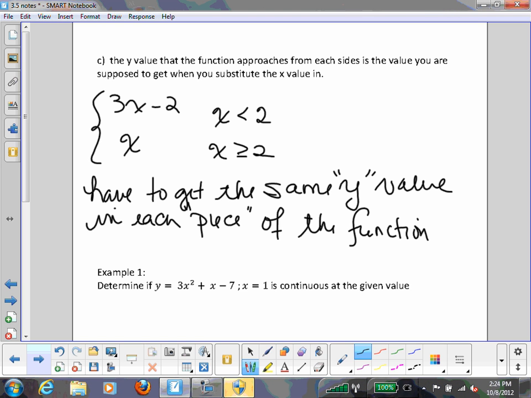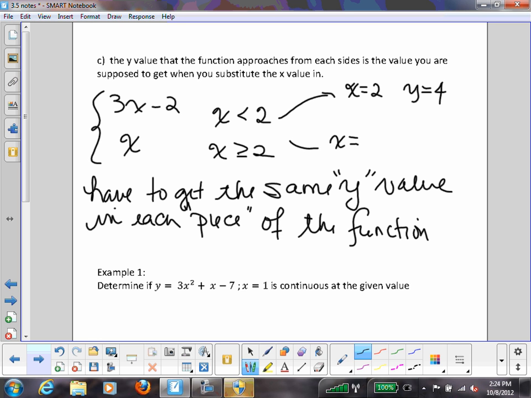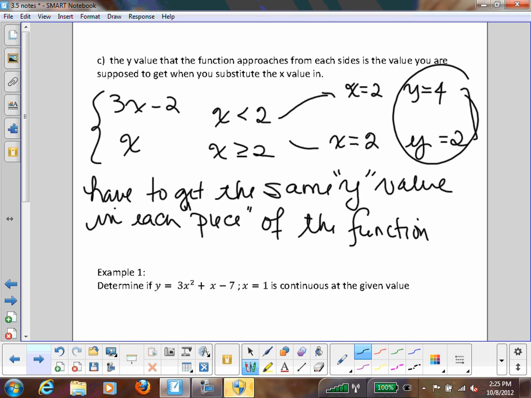So here, if x is 2, y is 4. Right? 6 minus 2 is 4. And here, when x is 2, y is 2, because we're just plugging it in. And we don't have the same values. These values are not the same. So this would not be a continuous function.